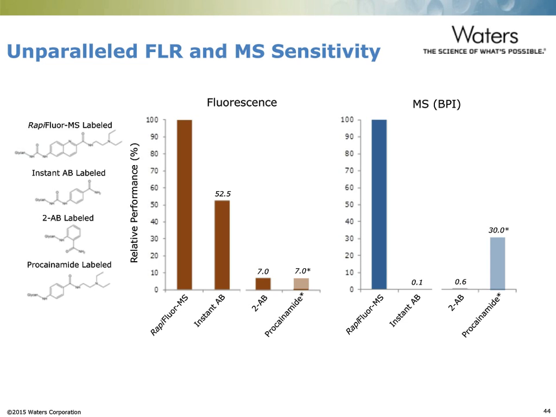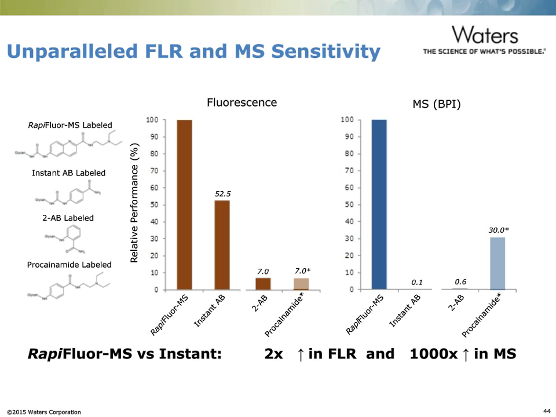If we compare first RapiFluor-MS versus InstantAB, you can see roughly a 2-fold increase in fluorescence and a 1,000-fold increase in the mass spec response of RapiFluor-MS versus InstantAB. And it's worth pointing out at this point that for the comparison in fluorescence, we've taken the literature-reported maximum excitation and emission wavelength for each of the labels and used those for comparison, to get the most accurate, fair comparison of each of the labels.